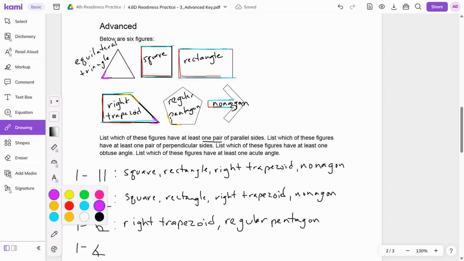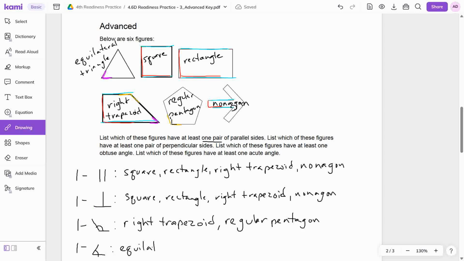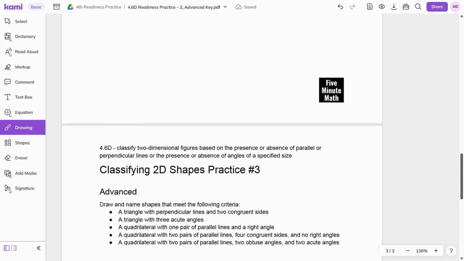And then same thing, nonagon looks like a series of right angles, except for those really large angles greater than 180 degrees. So we are going to list our equilateral triangle, and we are also going to list our right trapezoid, and that's it.